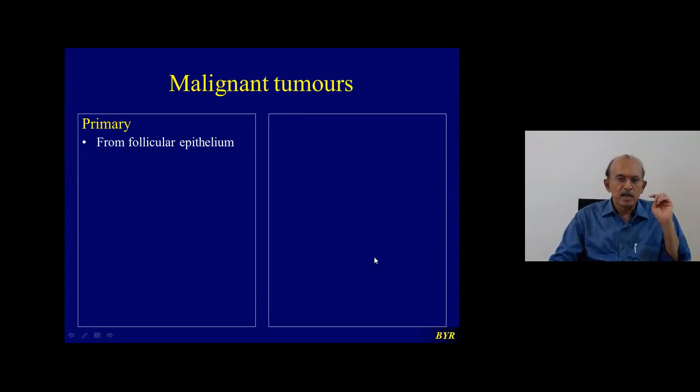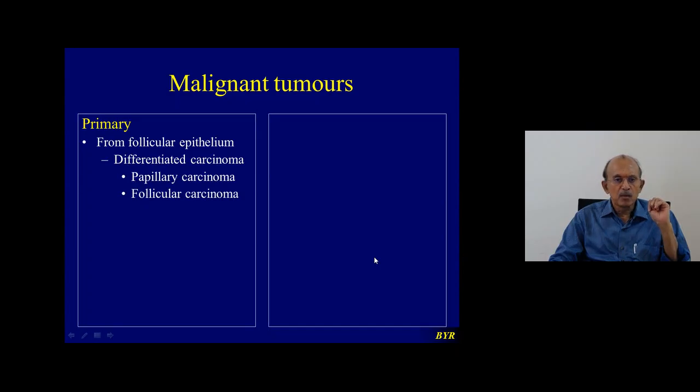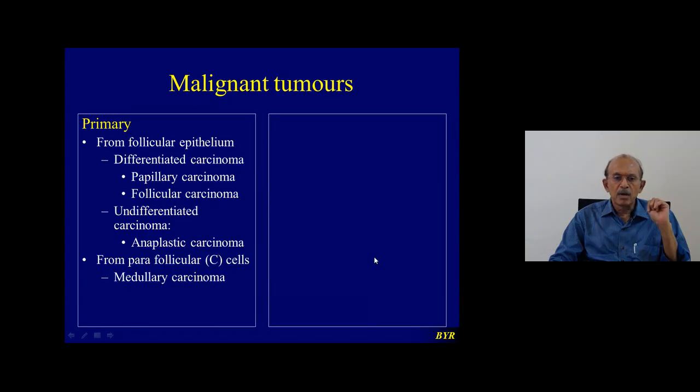From follicular epithelium, there is differentiated carcinoma. There are 2 types here, papillary carcinoma and follicular carcinoma. Then undifferentiated carcinoma, that is anaplastic carcinoma. Then parafollicular cells or C cells produce a carcinoma called medullary carcinoma.